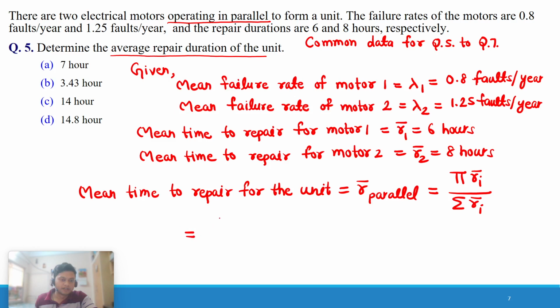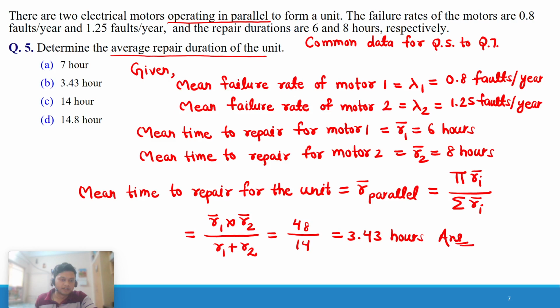There are two components in parallel, so R1 into R2 divided by R1 plus R2. R1 into R2 is 48 divided by 14, since 8 plus 6 is 14. So it will give the mean time to repair for the combined system as 3.43 hours. Correct answer will be B, 3.43 hours.